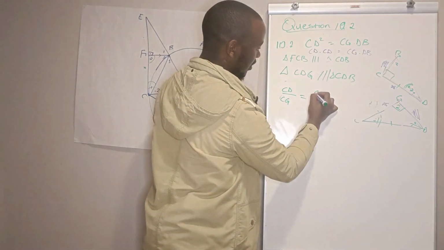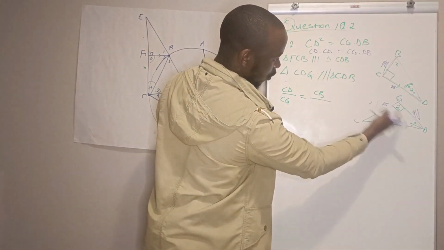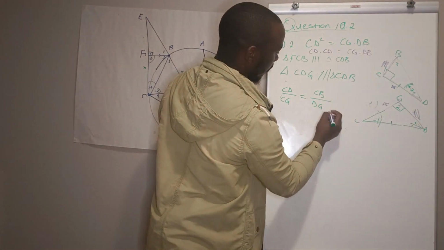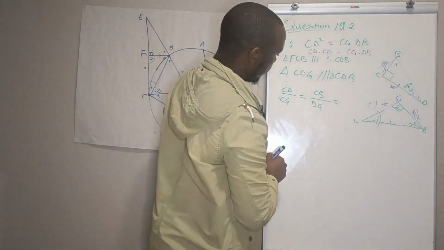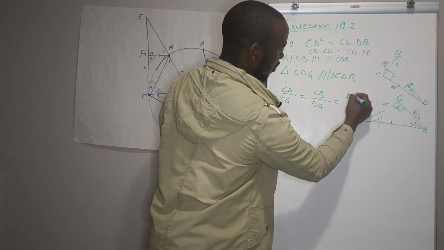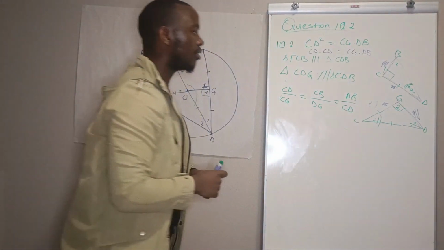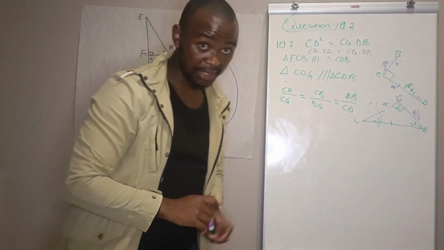So you have CB divided by DG, and then equals the last one, which is DB over CD. So that is your proportionality.